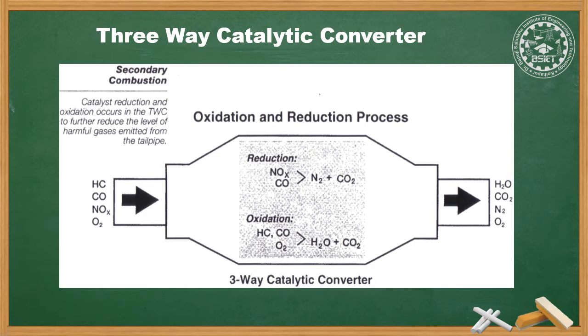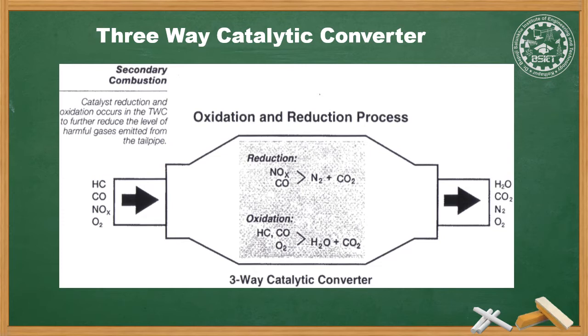The exhaust gases enter from one side. In the first stage, NOx is reduced by rhodium into N2 and O2. In the second stage, platinum or palladium converts HC and CO into water and CO2.